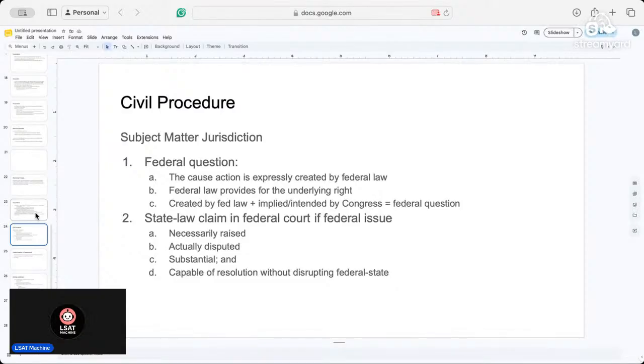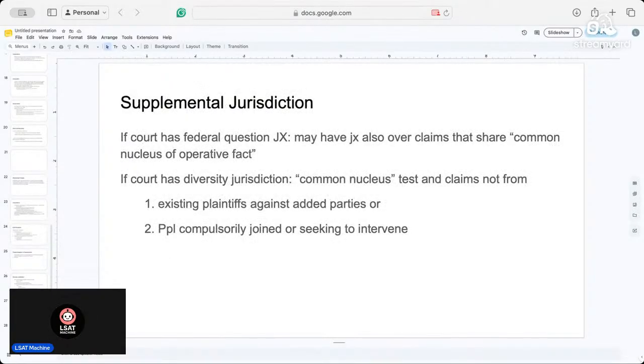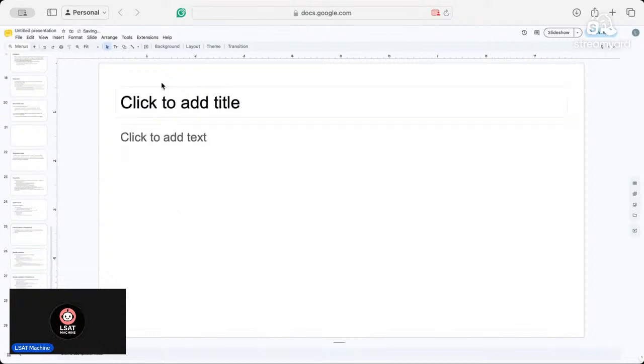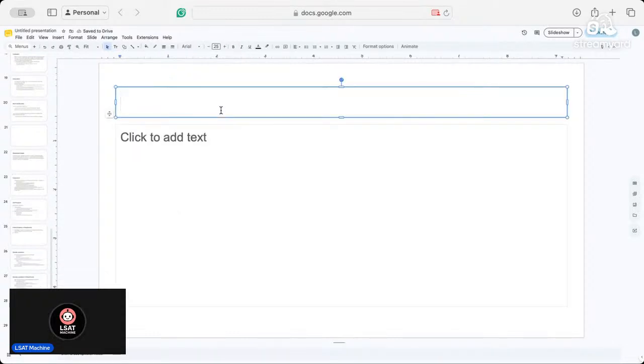Okay, let's talk about removal jurisdiction. That is when you are removing a case from state court to federal court.